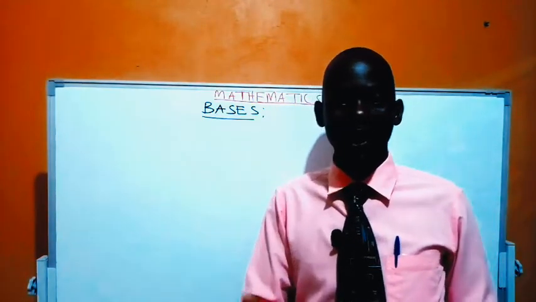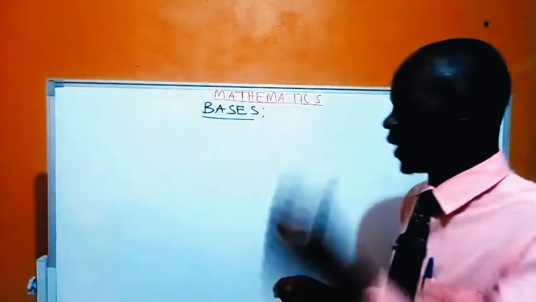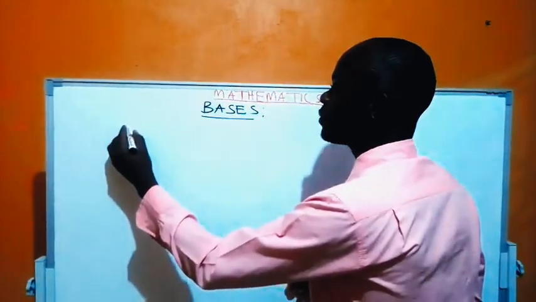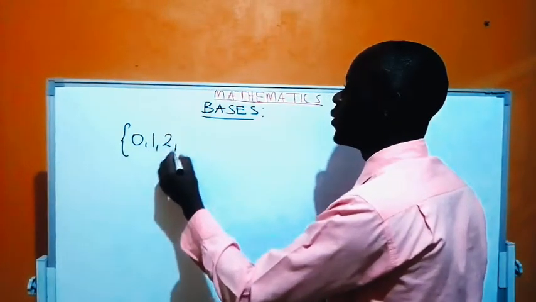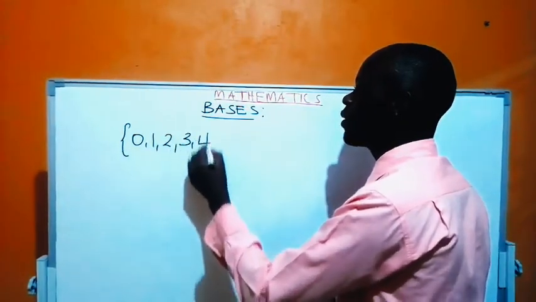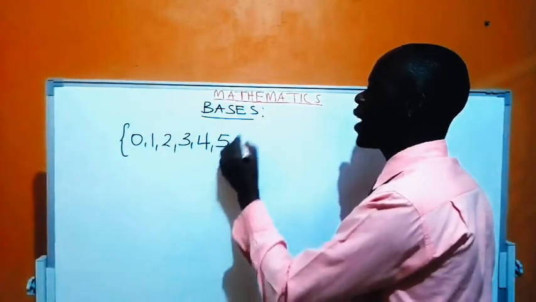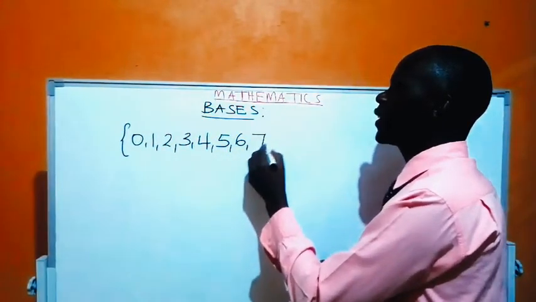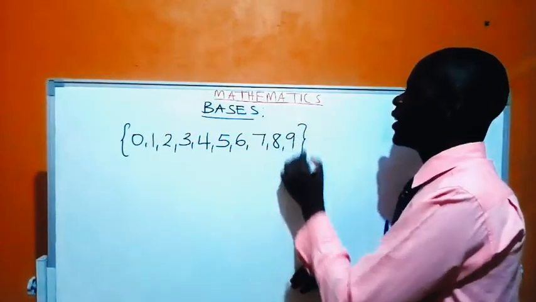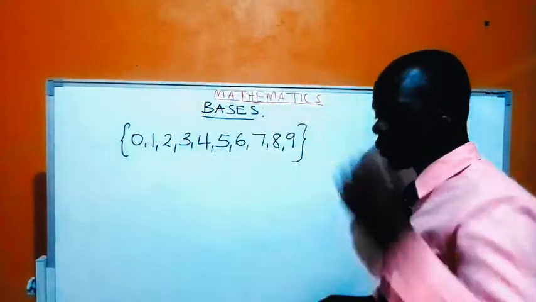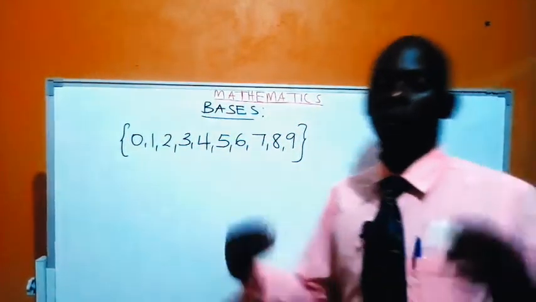For example, in base 10, you have been using 0, 1, 2, 3, 4, 5, 6, 7, 8, and 9.